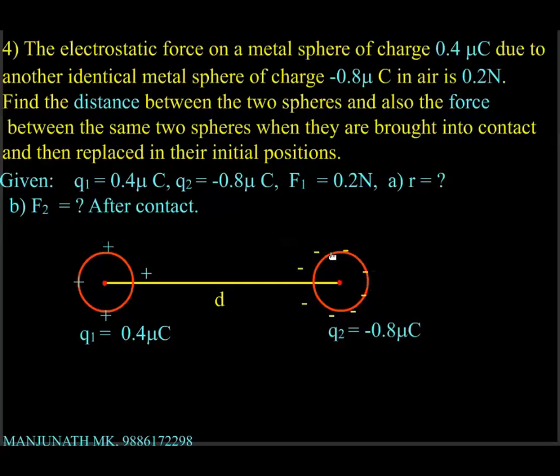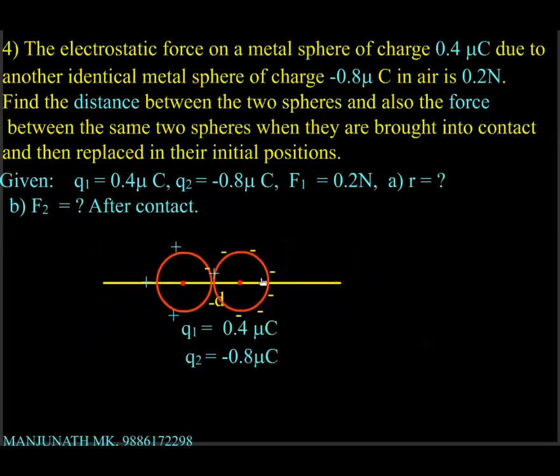Now when these two spheres are brought into contact, look here, these 4 positive charges are neutralized by these 4 negative charges. Therefore, out of 8 negative charges, 4 remain. As these two metal spheres are in contact and they are identical, these 4 charges are distributed equally, 2 charges here and 2 charges here.